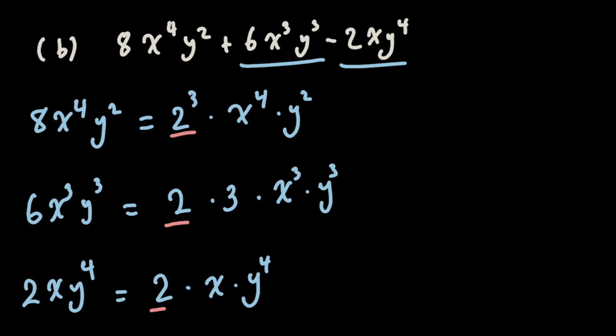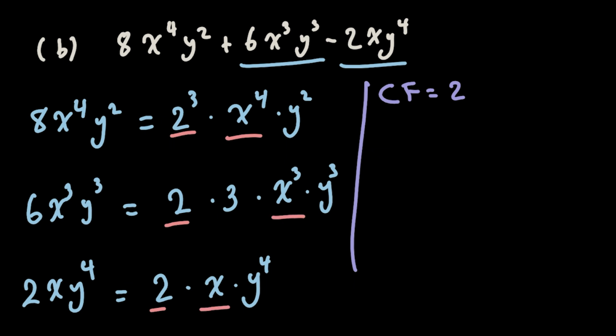The common factor here is 2. Let's see the next number. Here we have x to the power 4, x to the power 3, and x, so we'll take x. Notice that there's no 3 here and here, so we'll not choose it.